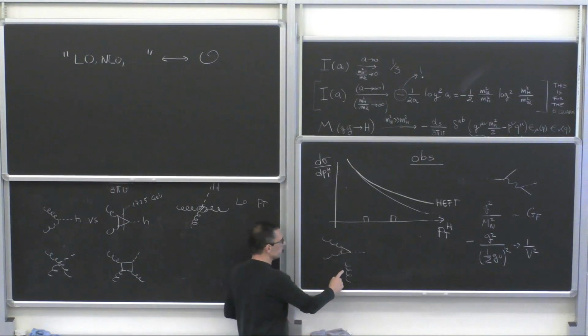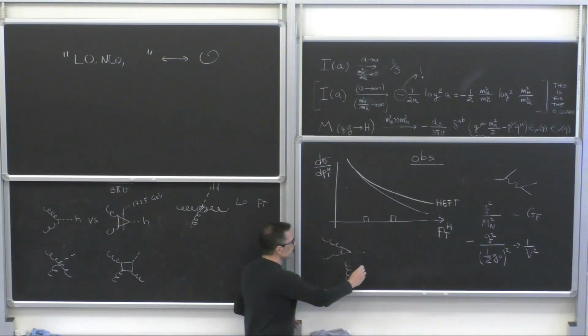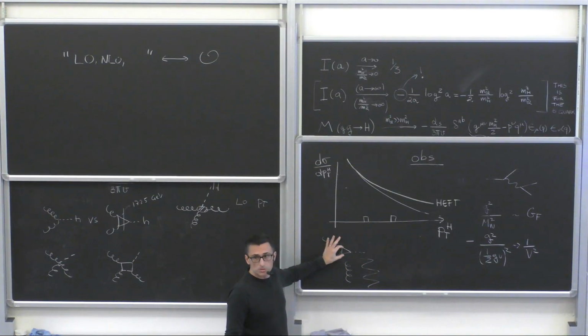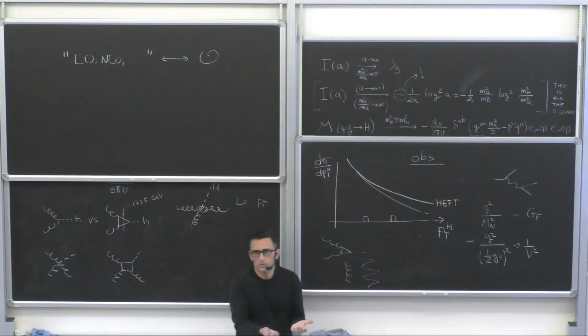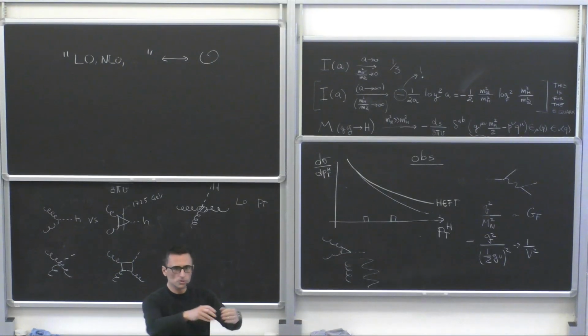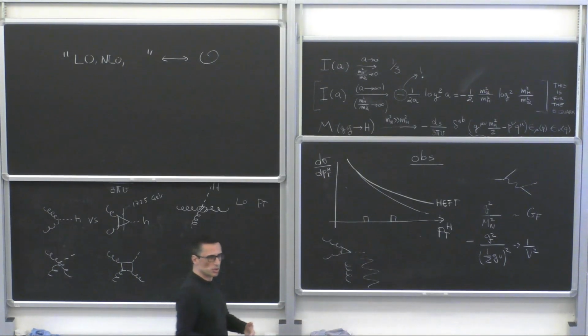So this is a wave. If its wavelength is longer than the size of this loop, you don't see the loop because it's too small. It's like a radio wave. If you have a small antenna, it will not see it because the wavelength is too long. You will not see the resolution.